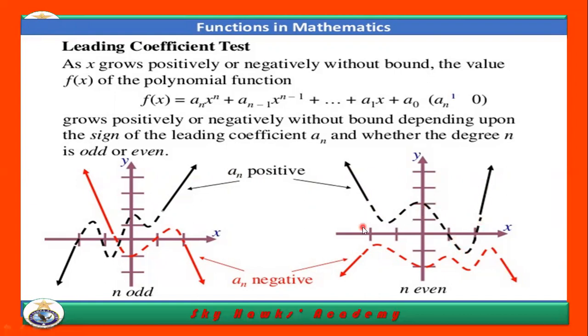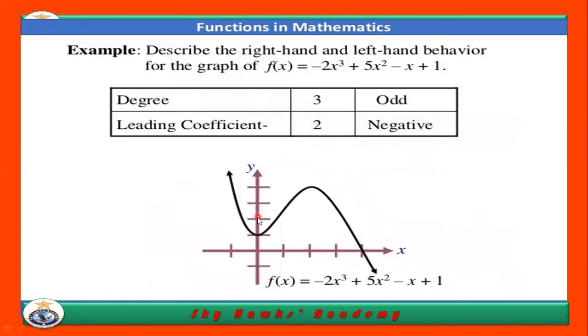If the leading coefficient is negative, it's downward. Look at this, its opening is downward, and at the end it will go down and down on both sides.